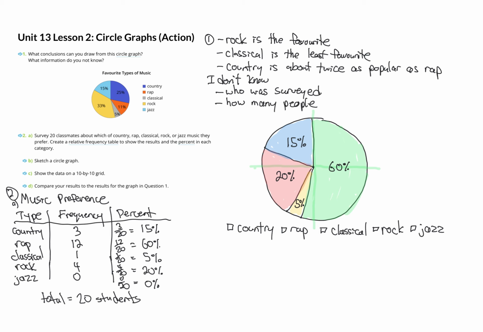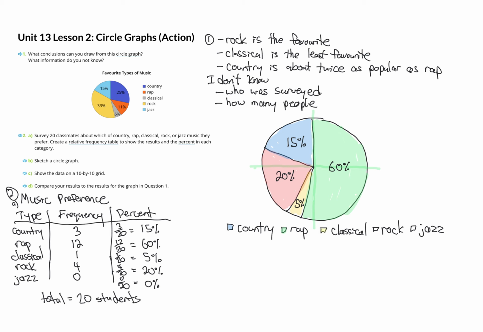So let's see, country was blue. Rap at 60% is green. Classical at 5% was yellow. Oops, wrong color there.